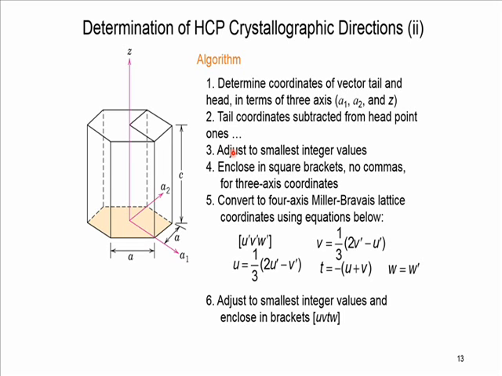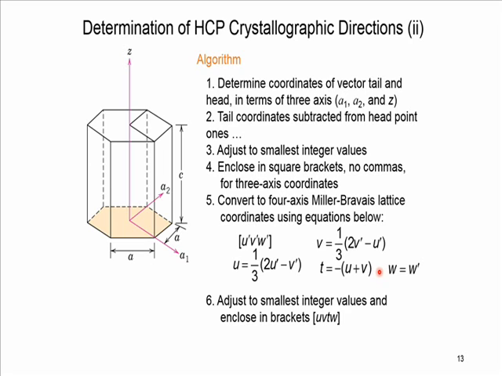Next step now is to enclose these values, as you can see here, as u prime, v prime, w prime. And then using these relations, we can find the values of u, v, t, and w.